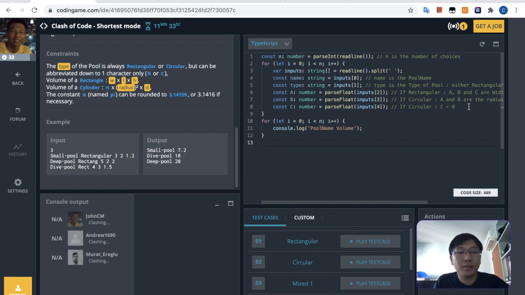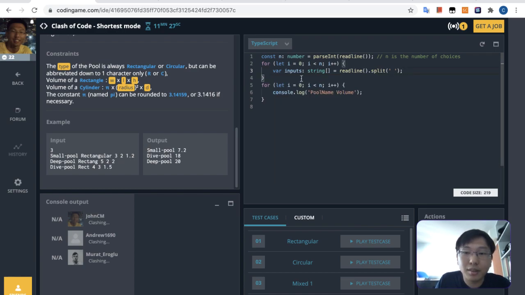Why is there a need to do so many steps over here? We just take the readline dot split, right? Oh no, TypeScript doesn't allow it. Okay, I have to use this.